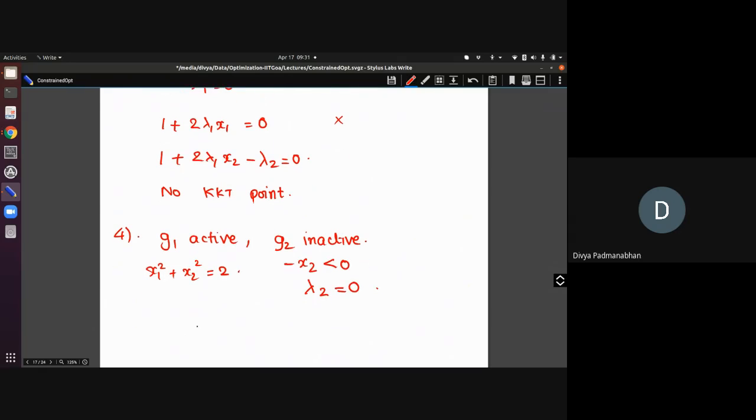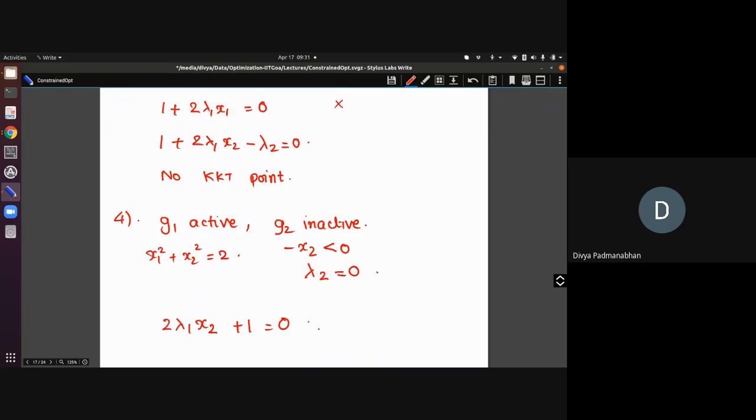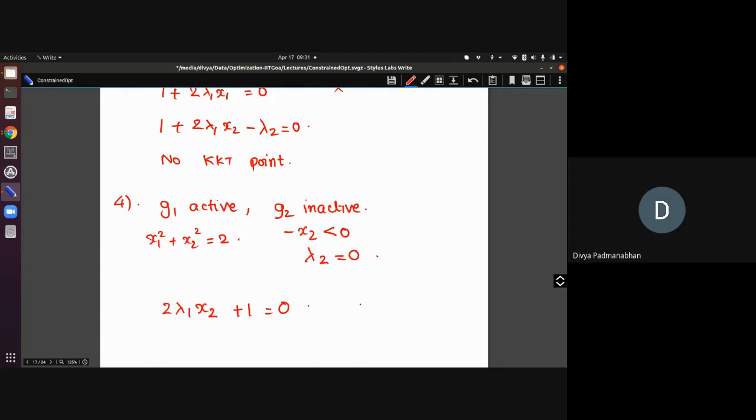So if you substitute these equations, lambda 2 is 0, so you'll get 2 lambda 1 x2 plus 1 is 0, and you get 1 plus 2 lambda 1 x1 is equal to 0.